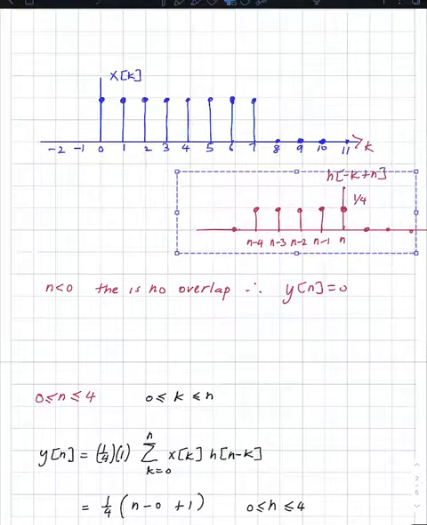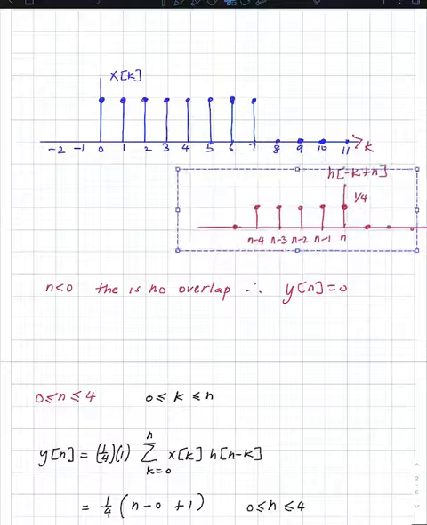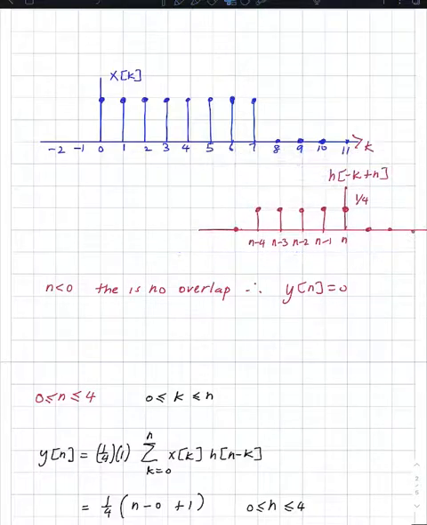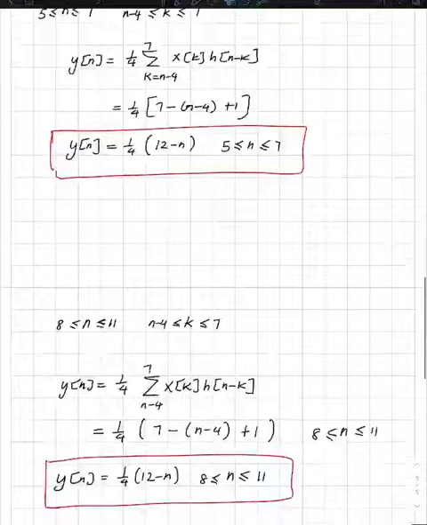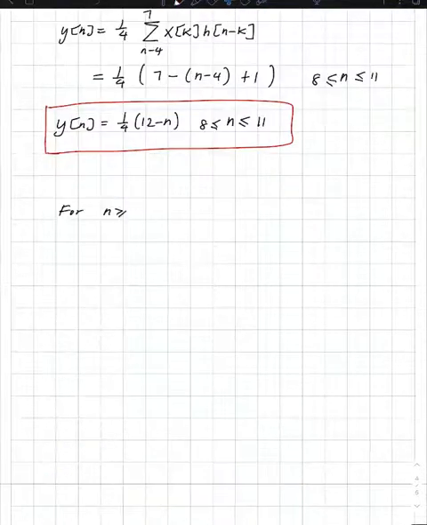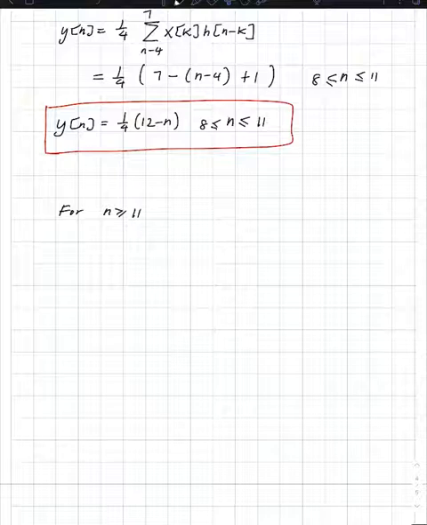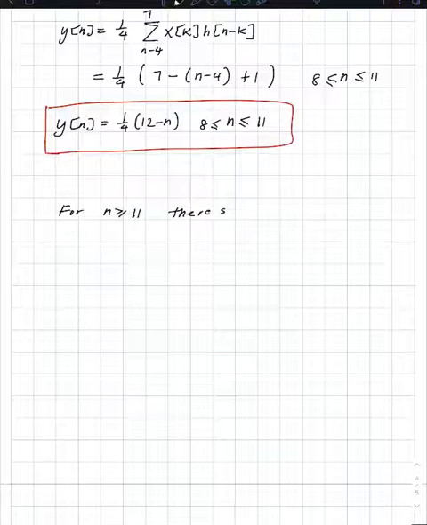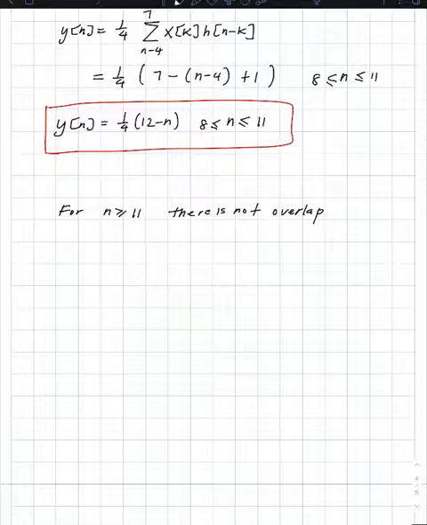Therefore, for n greater than 11, there is no overlap. So therefore y[n] is going to be 0.